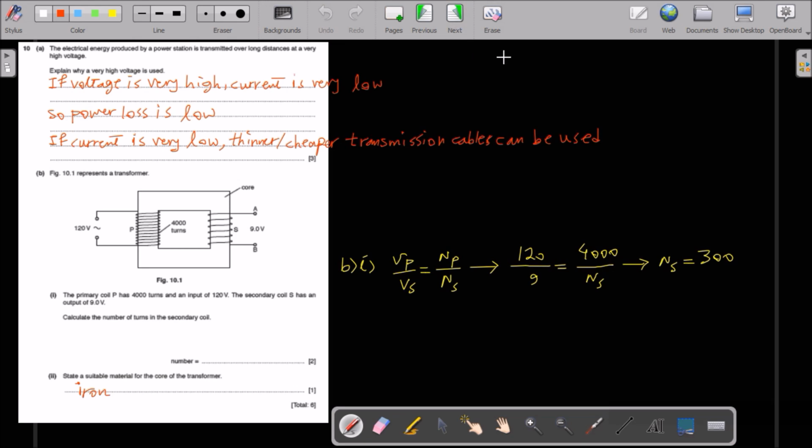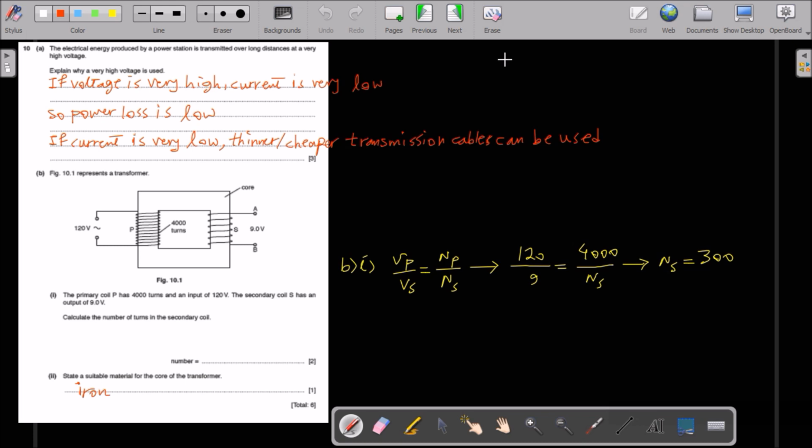Question 10. The electrical energy produced by a power station is transmitted over long distances at a very high voltage. Explain why a very high voltage is used. If voltage is very high, then current is very low.